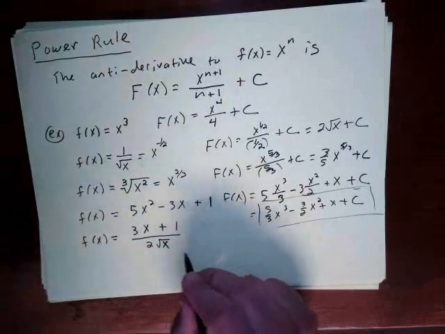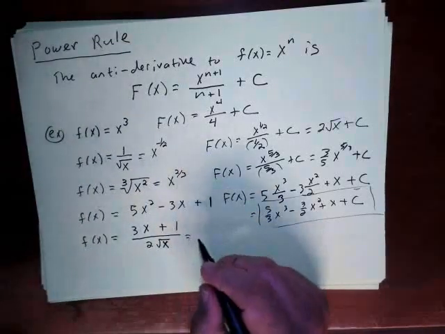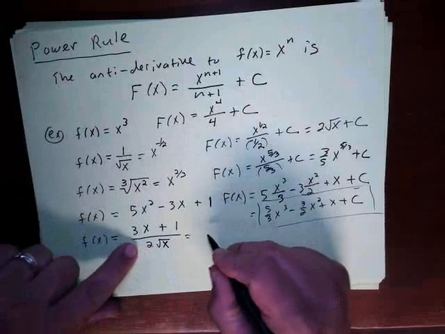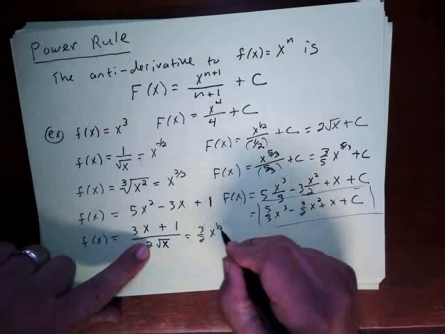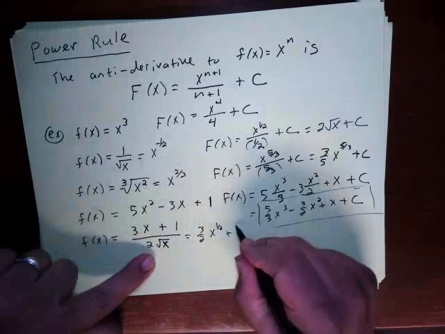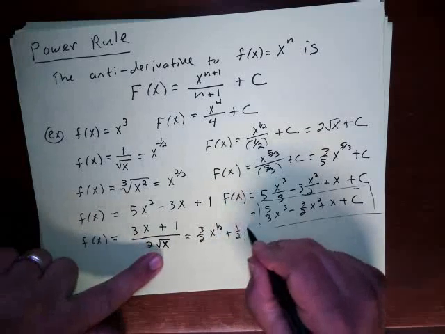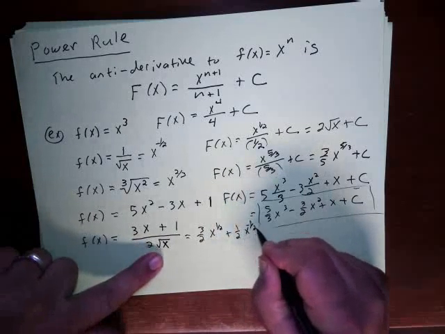But this one, what I can do is rewrite this as 3/2 x to the 1/2 plus 1/2 x to the negative 1/2.